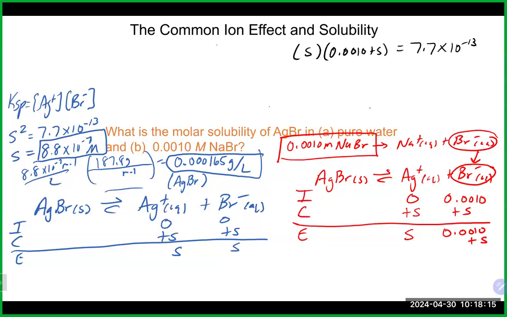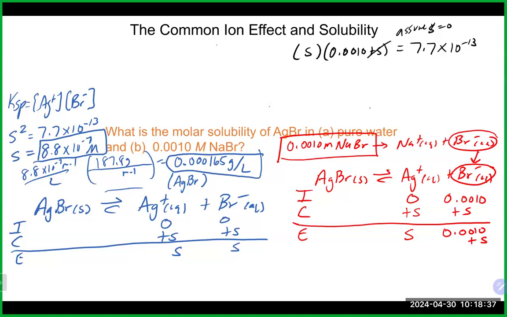We can do what we've done in previous situations: it's a pretty small K value, which means I'm going to assume that plus S is equal to 0 here. And just like when we assume x is equal to 0, we can't get rid of all of them. It's just going to be the one you're adding it to.